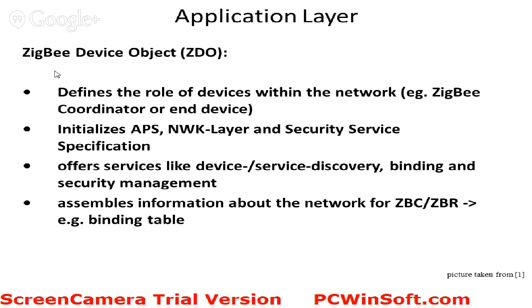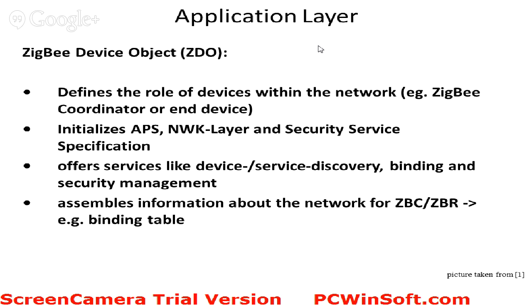Whenever a ZigBee network is initiated, who initiates it? I talked about end nodes, I talked about routers, I talked about a coordinator. So who initiates a ZigBee network? Initially, first of all, the coordinator comes alive. It is the coordinator which initiates a ZigBee network. It wakes up, it searches for a channel, it selects a particular channel which is clean, which is having less interference from Wi-Fi and Bluetooth and all those other things.